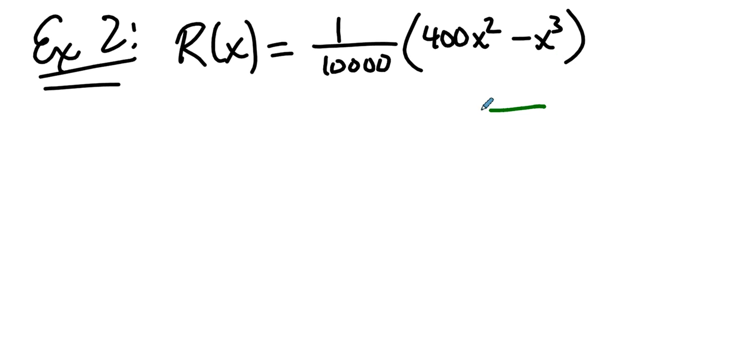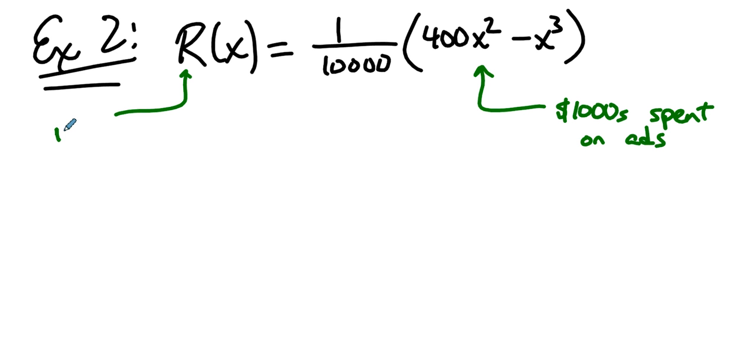And I'll get really specific. X is going to be the number of thousands of dollars spent on advertising, and R is revenue in thousands of dollars.